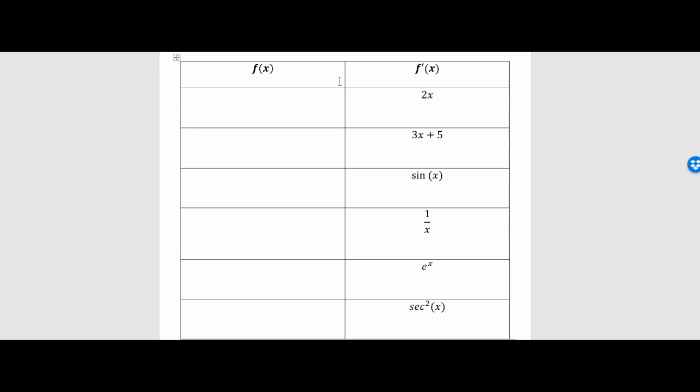So what I would encourage you to do is pause the video, and given the derivatives over here, can you figure out what the original function must have been? Maybe there's more than one answer, maybe there's just one answer. But figure out as many of these as you can, and then you can come back and see if you were correct.